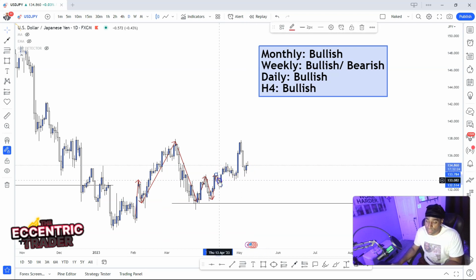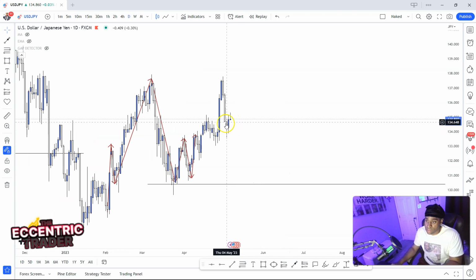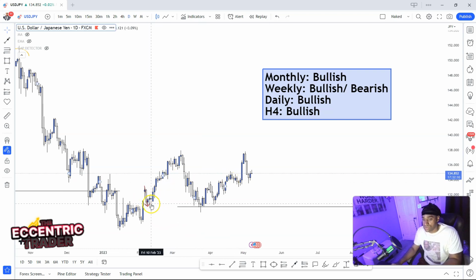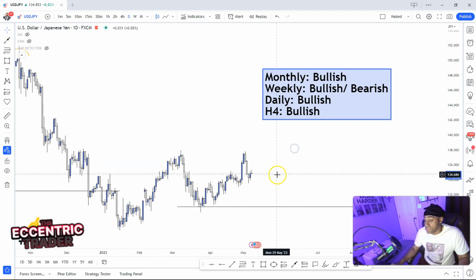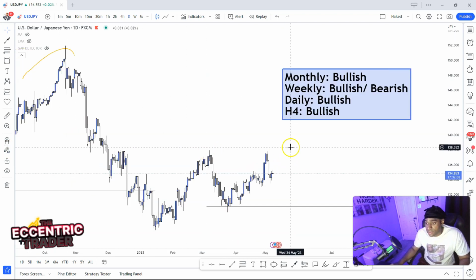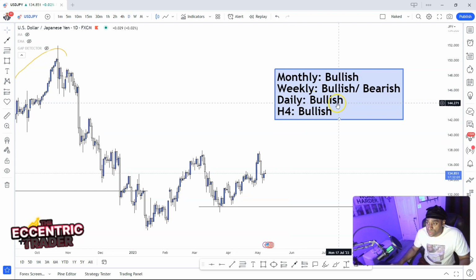So I would anticipate price to at least come up here to test this area again. Yeah, I'm not doing no sales on UJ. Probably going to be the same thing for GJ as well, but as of right now, I'm kind of sticking to a bullish bias for the daily.